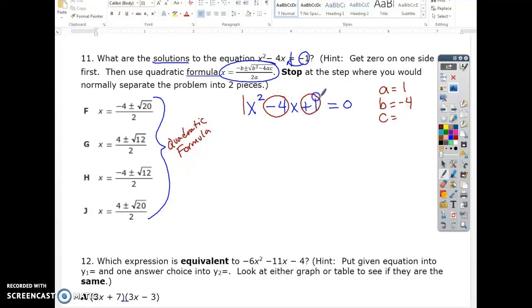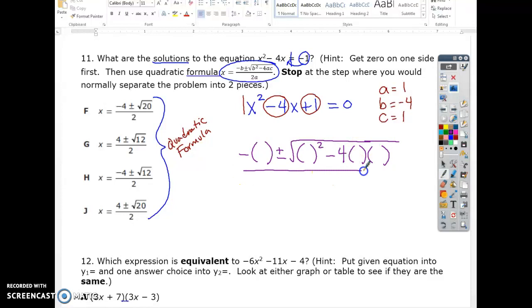And the C is a +1. Okay, those are the numbers that you're going to use in this formula. So I have -b plus or minus the square root of b squared minus 4ac, all over 2a.